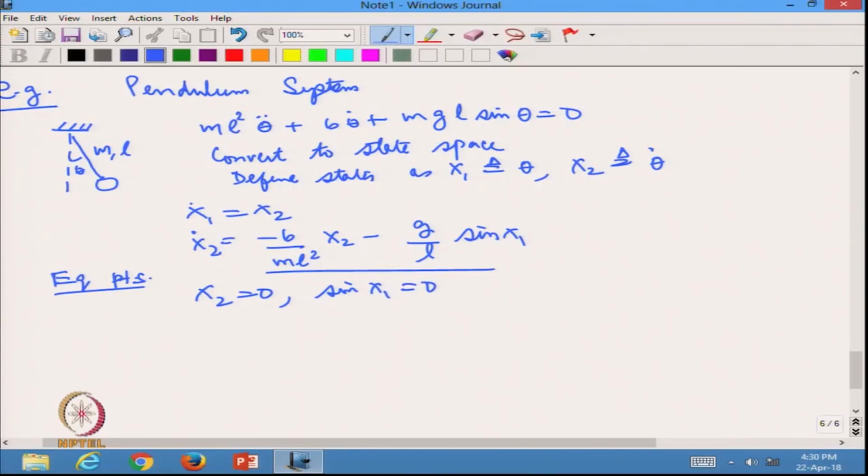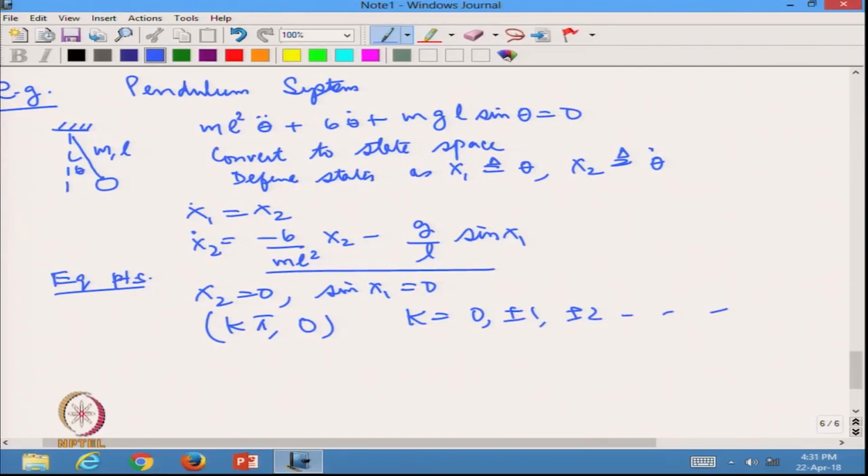So, which means that there are multiple equilibrium points in this pendulum system, and they are given by k pi comma 0, where k pi corresponds to x1 and 0 corresponds to x2, and this k is 0, plus minus 1, plus minus 2 and so on.